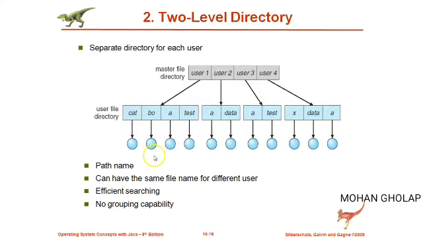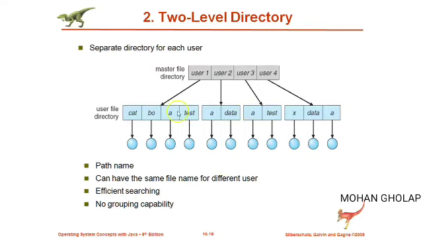Just consider, if I specify a command to read the content of file a, the system will be in confusion, because file a is present for user 1, and the same is present for user 2, user 3 and user 4 also. The system will be confused about which file should be opened, or on which file that particular operation is to be performed.